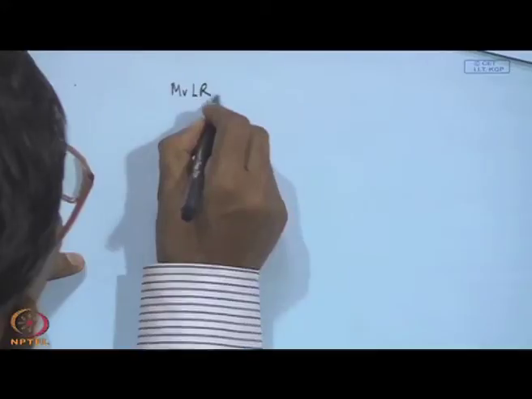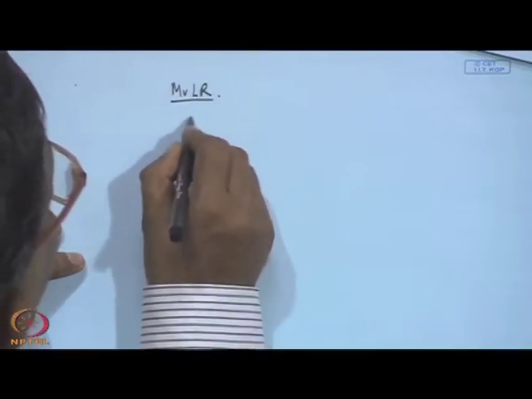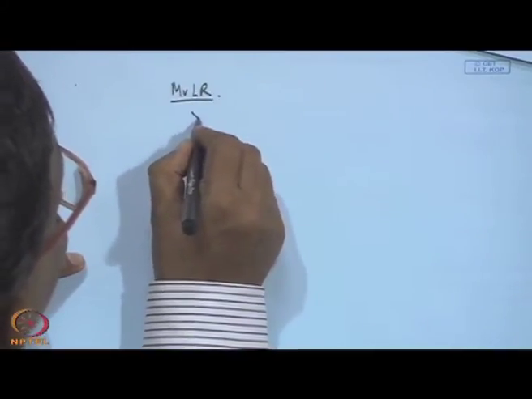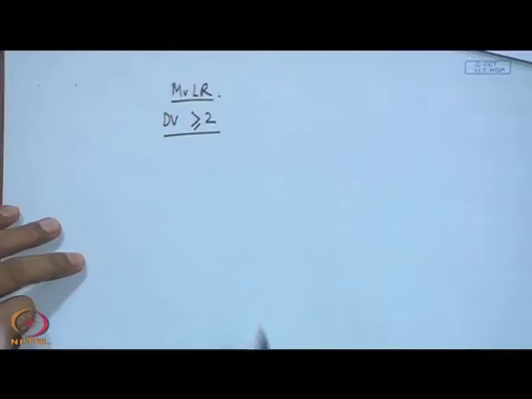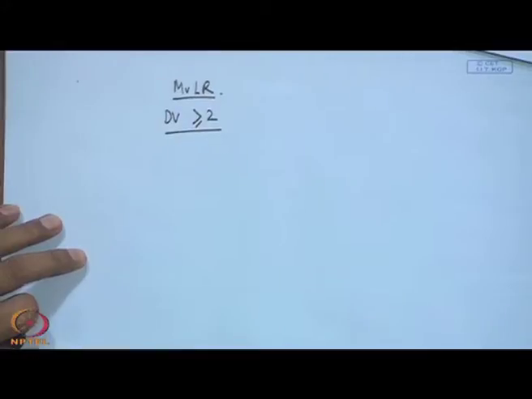Now, we want to do multivariate linear regression using SPSS, MBLR. In MBLR you have more than one DV, so basically the number of DVs is greater than or equal to 2 in this case.